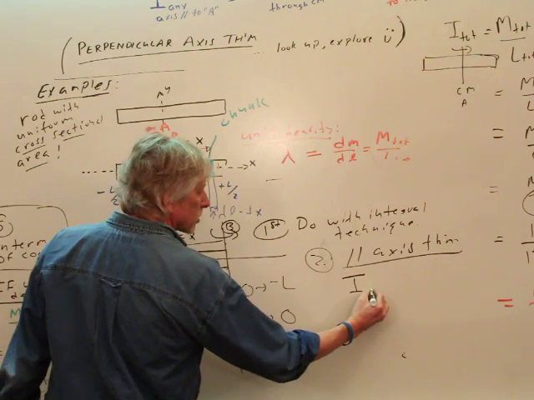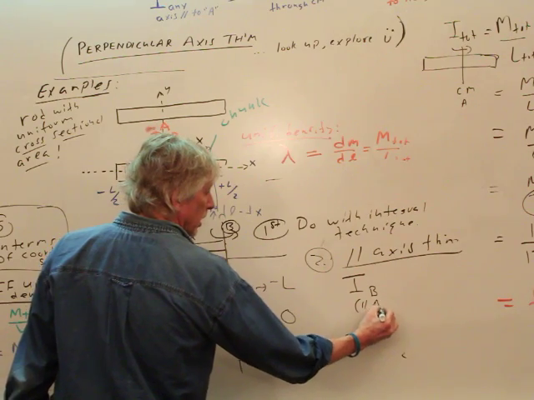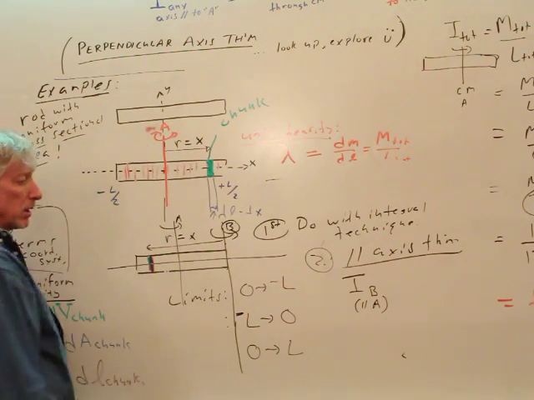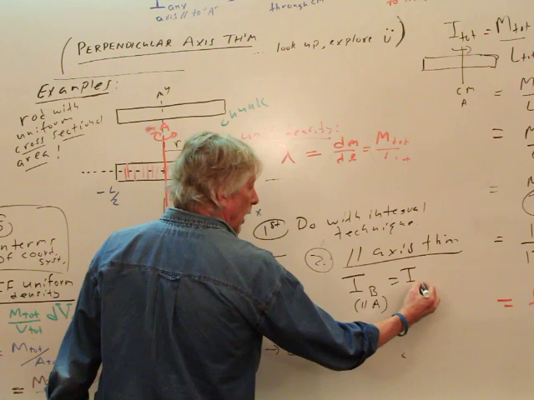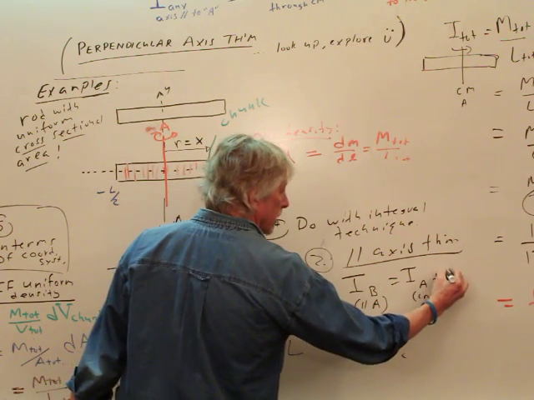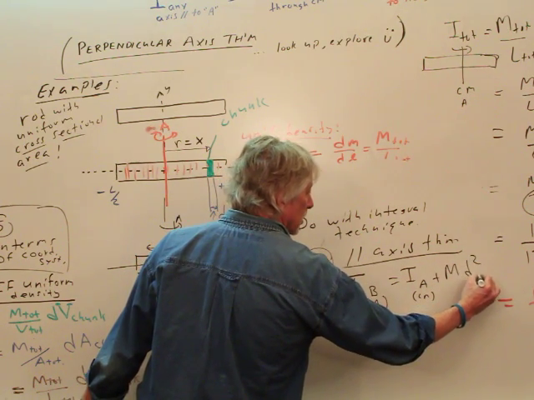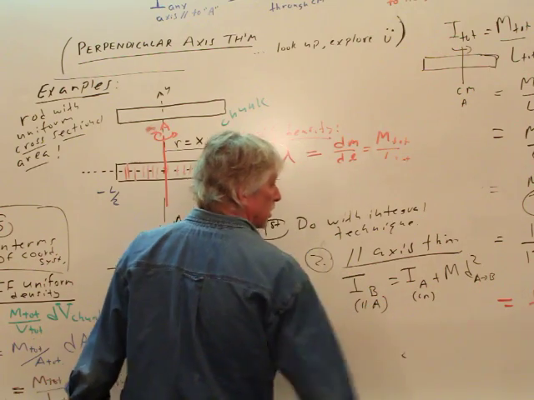So I through axis B, which is parallel to A by necessity, is equal to I through A, center of mass, plus the total mass times the distance squared from A to B.